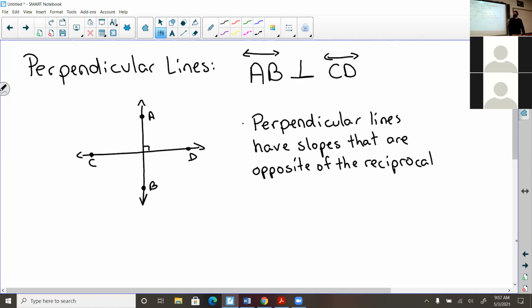So the perpendicular slopes are always going to be the opposite of the reciprocal of the other slope.